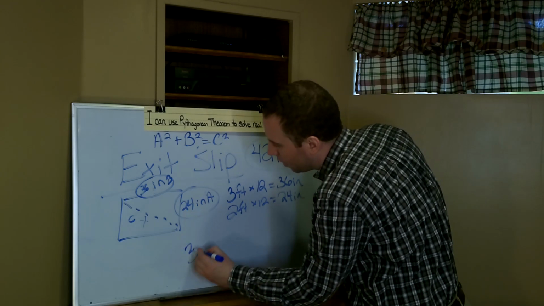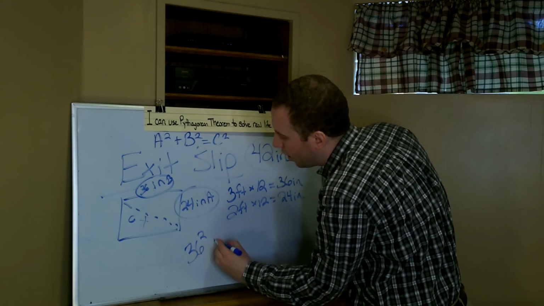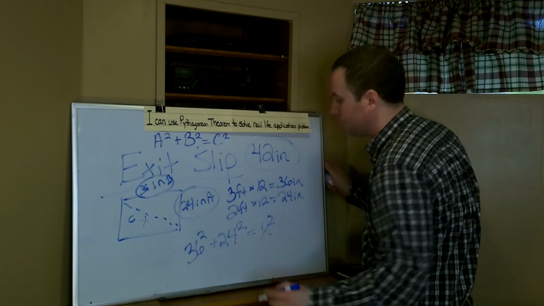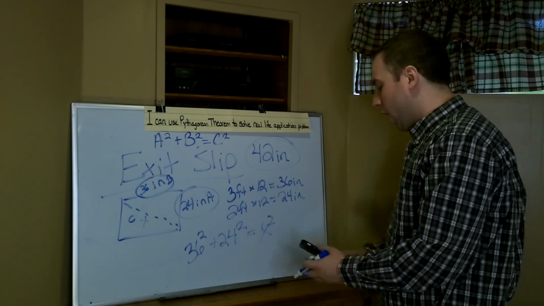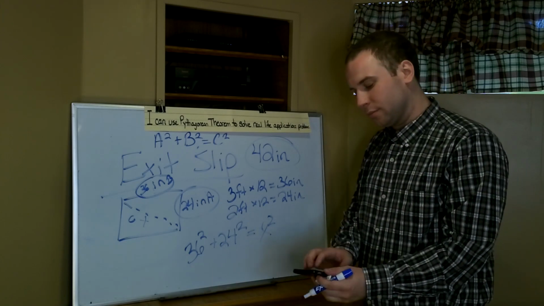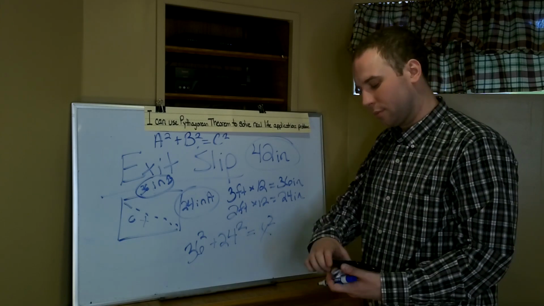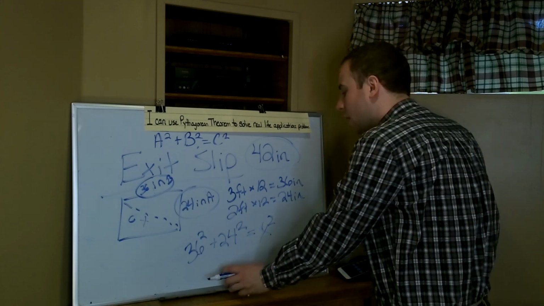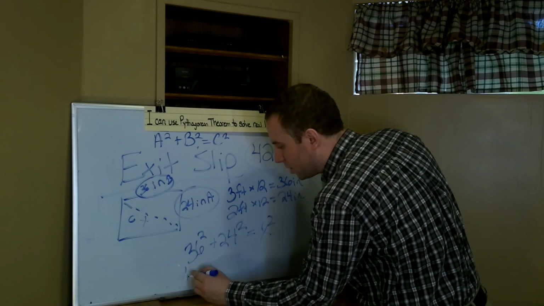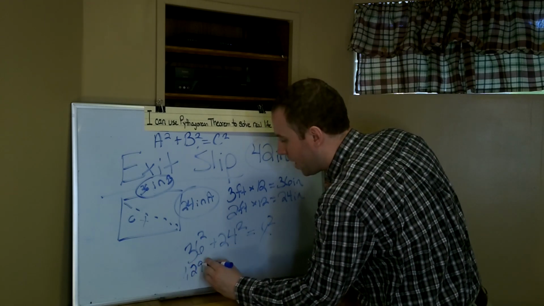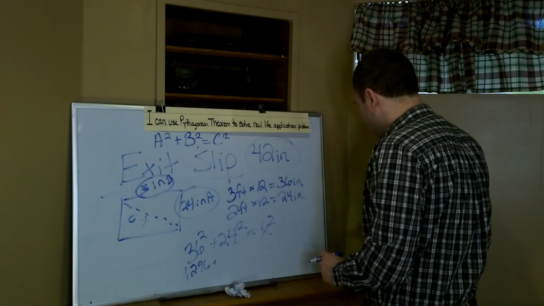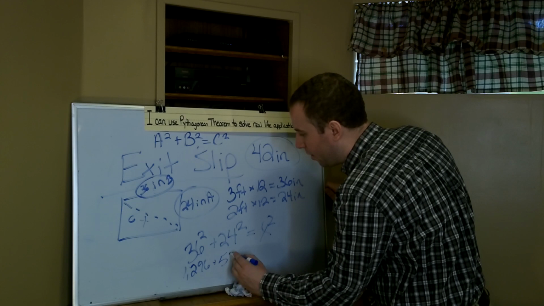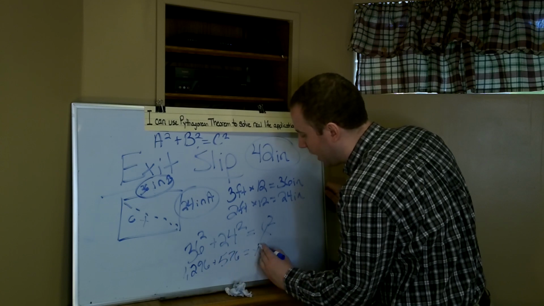So, 36 squared plus 24 squared equals x squared. 36 squared is 1,296. 24 squared is 576 equals x squared.